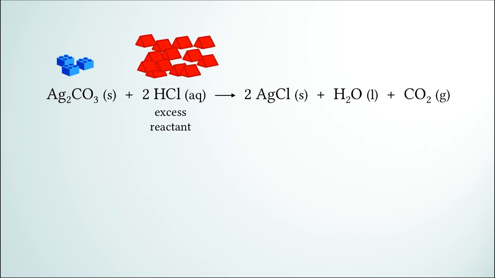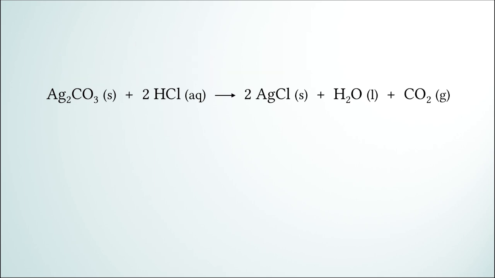So in this example, the chemist wants to make sure he uses all the silver carbonate. To make it the limiting reactant, he needs to add excess HCl. When we know that silver carbonate is a limiting reactant, we can use its number of moles to calculate the number of moles of each one of the products.